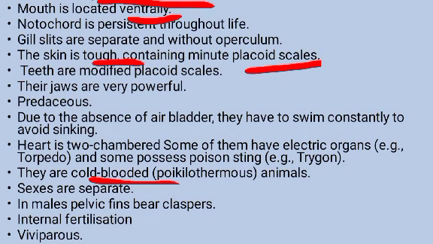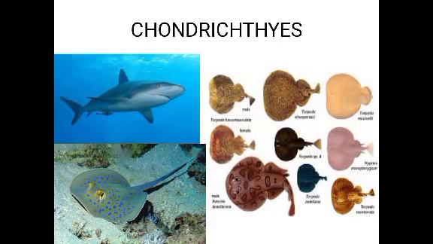Okay, some of the fishes have electric organs in them. Here you can see these are the fishes which are having the electric organs in them. Near the pectoral fin we can see these electric organs, which are actually a modification of the nervous tissue, capable of conduction of electricity.